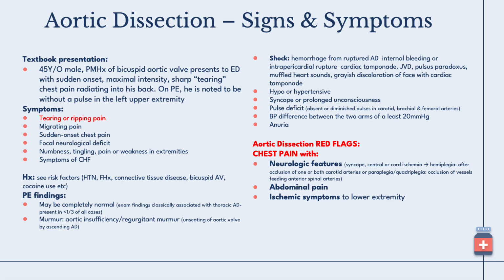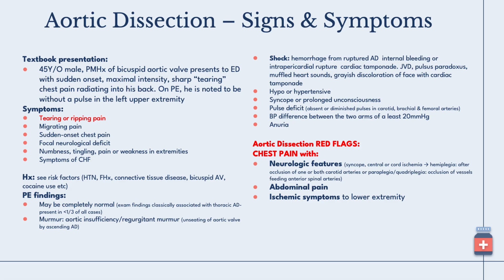They may have a grayish discoloration of the face. They could be hypo or hypertensive, syncope, prolonged unconsciousness. There could be a pulse deficit and BP difference between the 2 arms of at least 20 millimeters of mercury, and they may not be producing any urine as well.